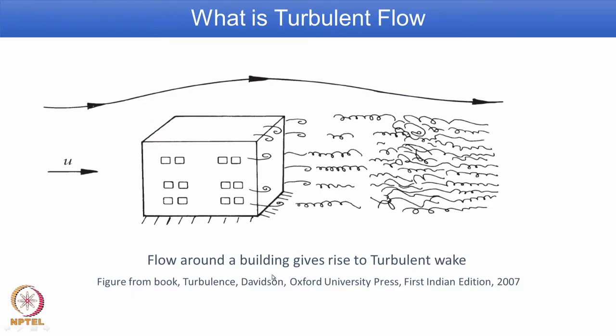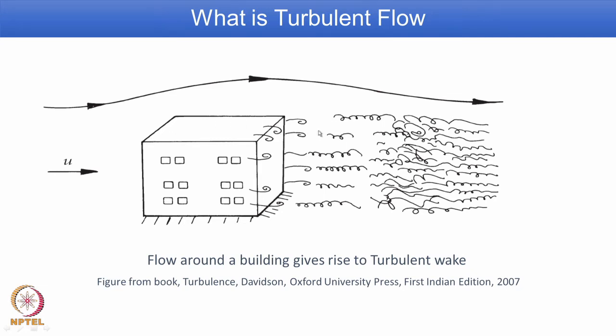This is another example to understand what a turbulent flow is. So, this is a representation for flow past a building. Here the building is considered to be a three dimensional geometry. Flow is from left to right, it will flow around as well as over.